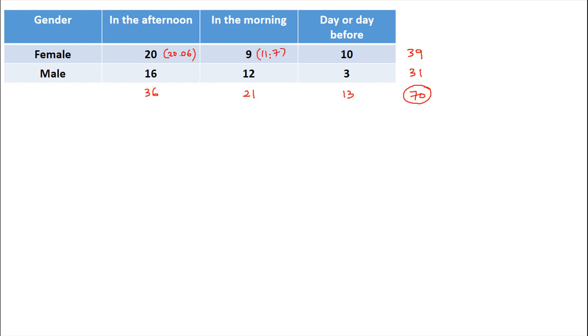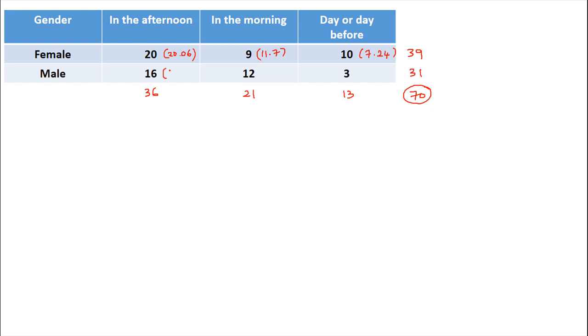And the last one is 39 multiplied by 13, then divide by 70 is equal to 7.24. Alright, so that's for the first row. Now we move to the second row.